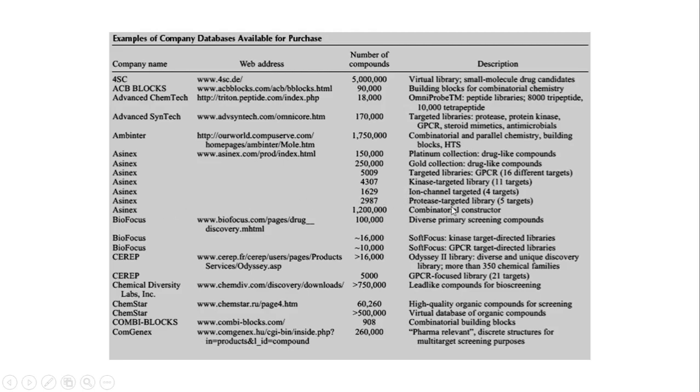There are certain compound libraries that only target ion channels or proteases. So in this way, there are different companies. The web addresses of those companies are shown over here. The size of the compound library is also shown over here along with the description. I will share this PPT with you. Therefore, if you wish, you can further go and explore these company sites in order to download those compound libraries.